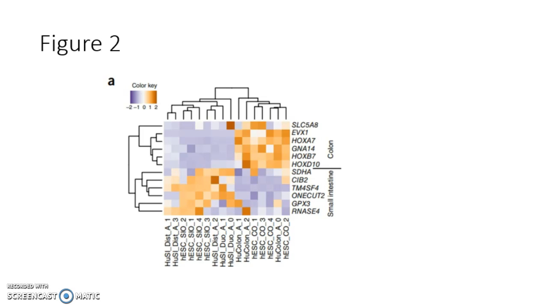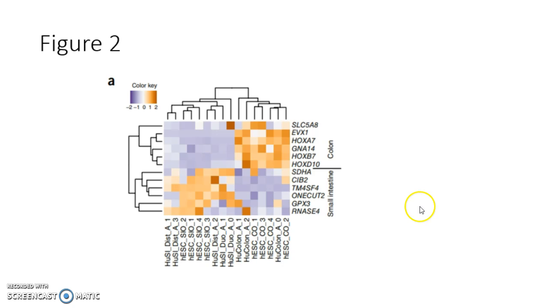So, colonic markers previously reported in a mouse study are highly expressed in human ESC-derived colonic organoids, while small intestinal markers are instead highly expressed in the embryonic stem cell-derived small intestinal organoids.